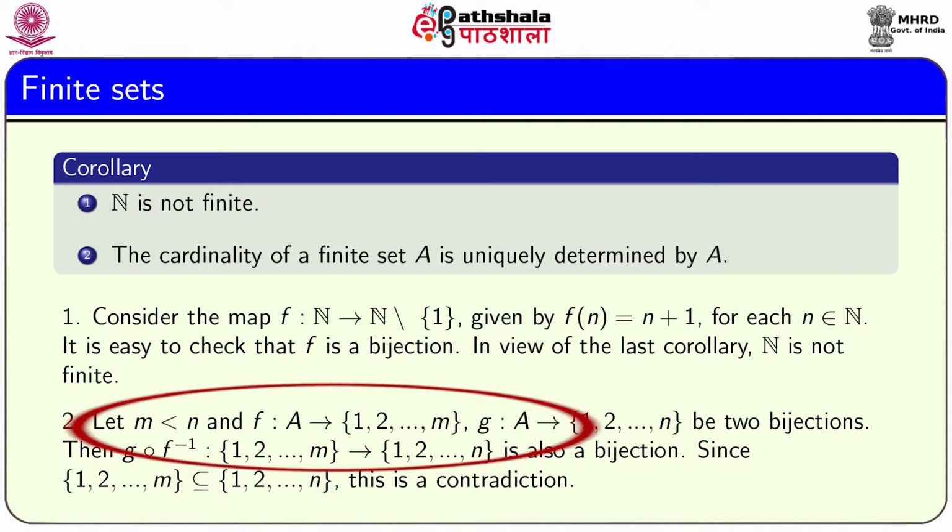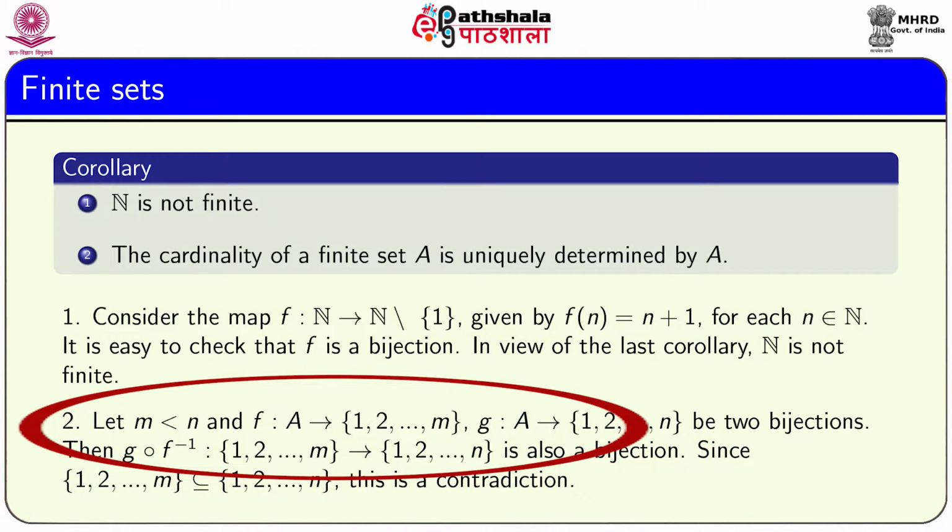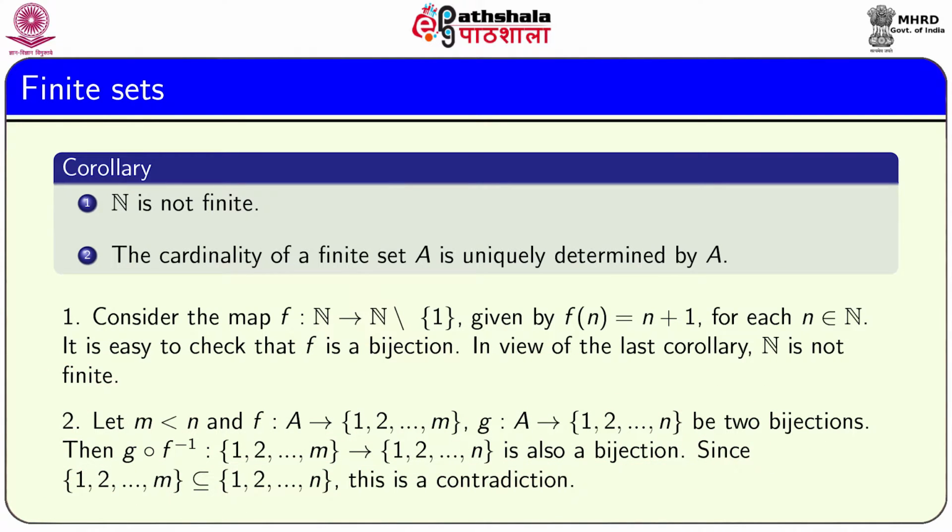To prove the second one, let us take any m which is strictly less than n, and suppose F and G are two bijections from the set A to the set 1 to m and to the set 1 to n respectively. Let us consider the composite G composed F inverse.